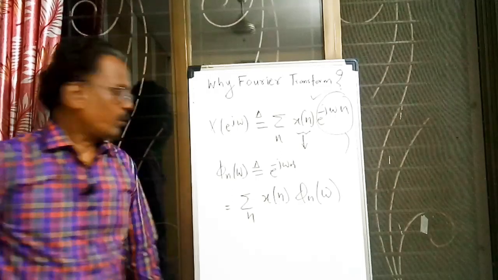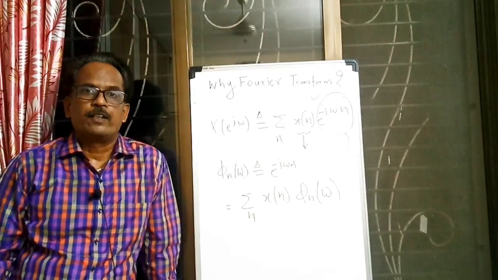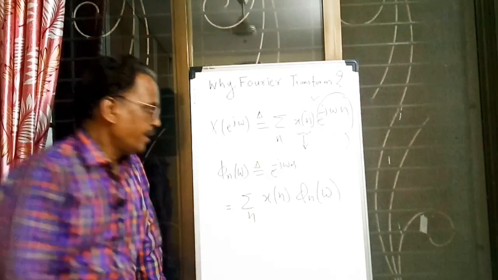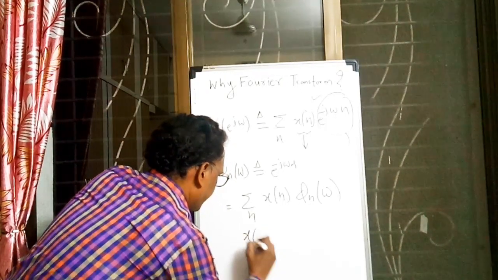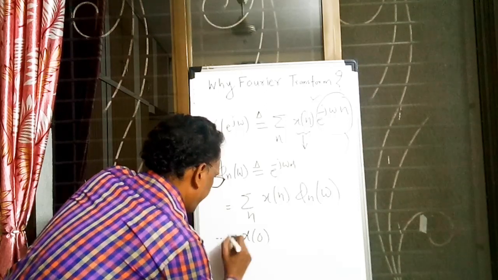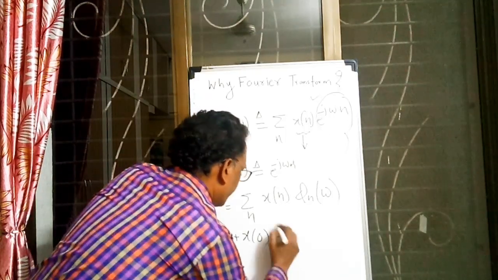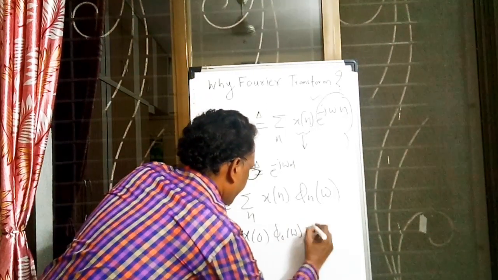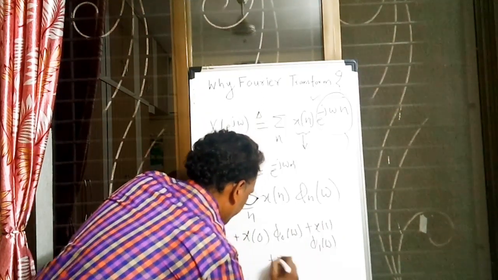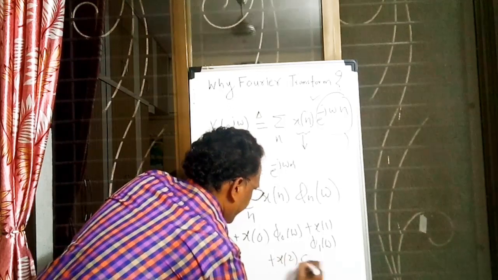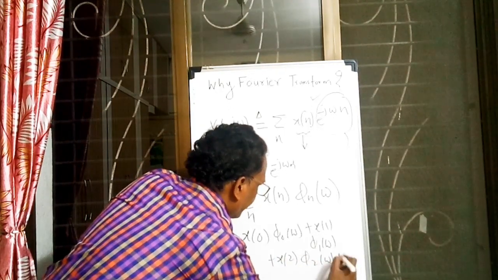Now if you look at this equation, you will find that it is nothing but a linear combination of, let us take from 0, x of 0 phi 0 omega, x of 1 phi 1 of omega, x of 2 phi 2 of omega, and so on.